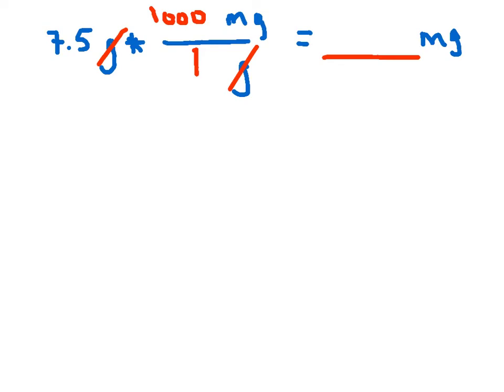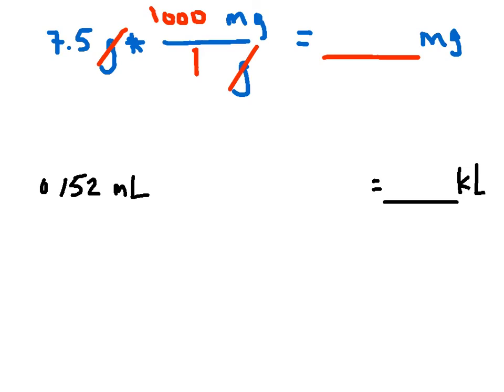Okay, problem 2, let's go an extra step and make it just a little bit more complicated. 0.152 milliliters, and let's try to get that into kiloliters. So we need to ask ourselves some questions.